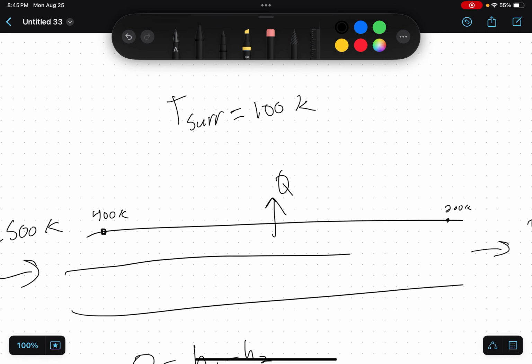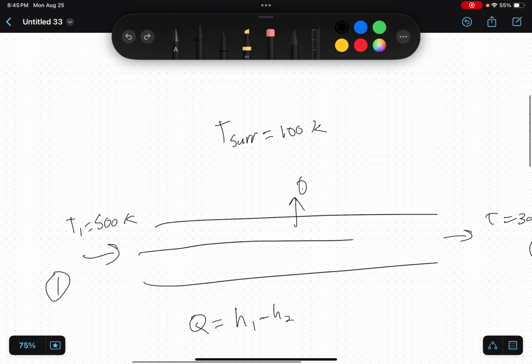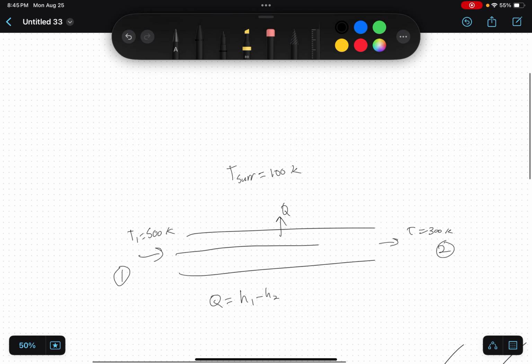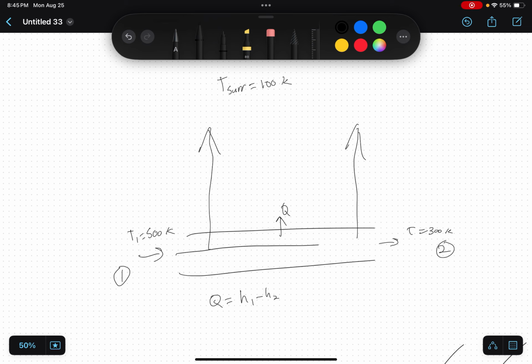you could assume Q, I think this might actually be the way to do it. You could assume Q goes out to infinity, and at some point the temperature, no, it would look like that. It would be kind of sloped.